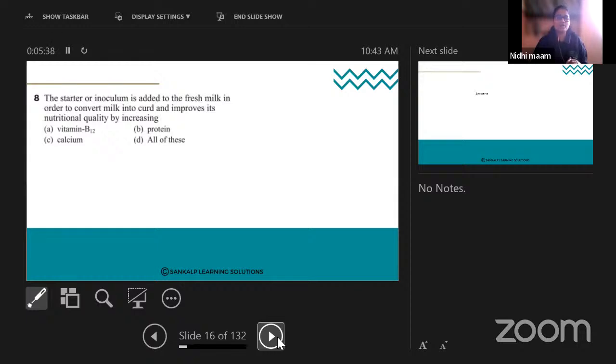The starter or inoculum is added to the fresh milk in order to convert milk into curd and improves its nutritional quality by increasing which vitamin? Vitamin B12, protein, calcium, all of these. The quick answer is given by Shravani Kulkarni, Lakshmi, Ranjita, Aishu, Jayashri.